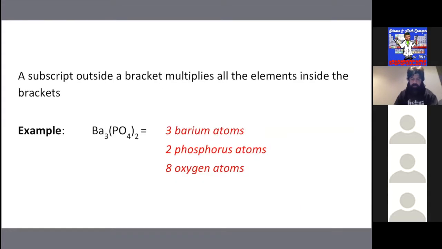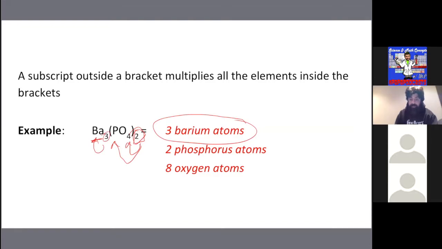Okay. So subscripts outside of the brackets. Here's where things get a little bit tricky, but again, if you understand the rules of math, this 2 would get distributed within the brackets and within the brackets only. So in this case, we're going to have 3 barium atoms, that subscript 3, barium.